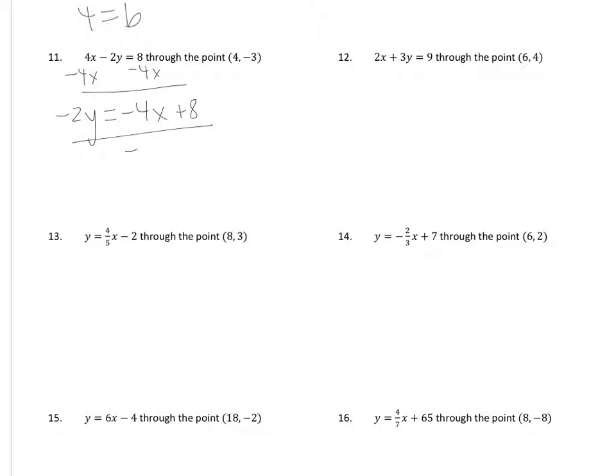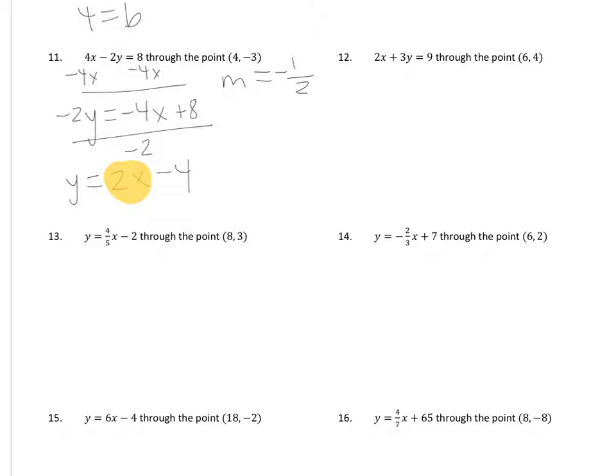Divide everything by negative 2. So y equals negative 4 divided by negative 2 is 2x minus 4. So I'm going to look at that slope, and I'm going to get the opposite reciprocal. So the opposite reciprocal of positive 2 would be negative 1/2.